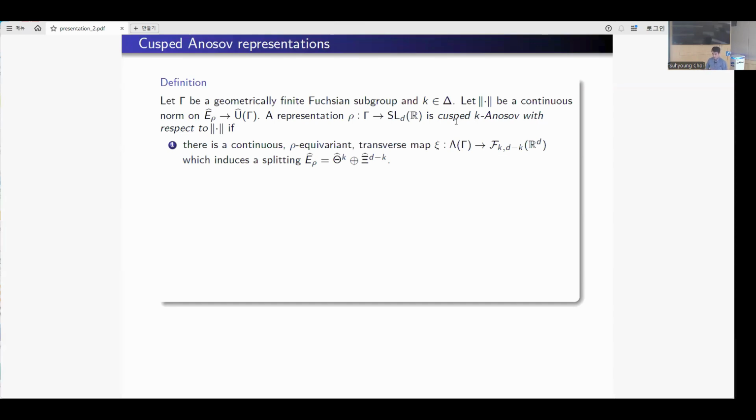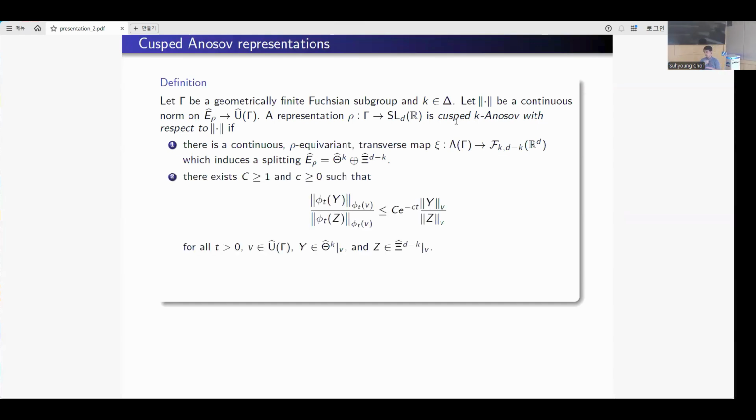And then the second condition is basically saying that the flow on E hat rho has to be north-south with respect to this splitting. More precisely, there is some constant big C greater than or equal to 1 and little c greater than or equal to 0, such that if you pick any positive time, any vector v in the base, any non-zero vector y in the fiber of Theta hat^k over v, and any non-zero vector z in the fiber of C hat^{d-k} over v, as you flow them, you measure the lengths of these two vectors with respect to the chosen norm.